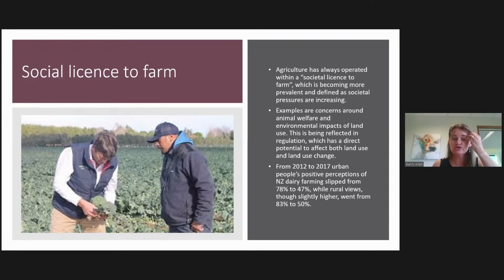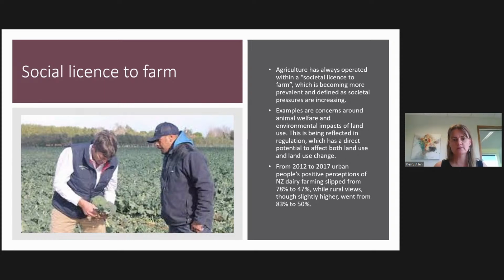But we also have social license to farm. So we need to be looking after our land, and we need to be doing that in a social and ethical manner. This is what we call the social license to farm. This is where societal pressures are being increased, and if society doesn't like it, they will now tell you.